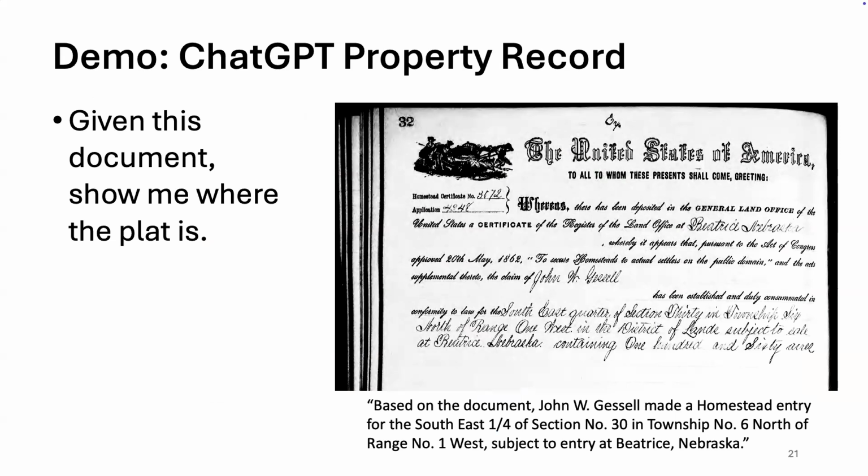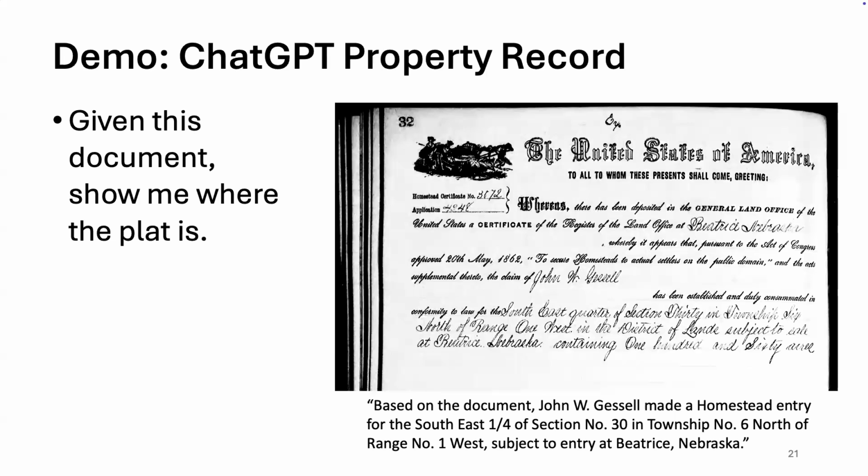This is a deed from my 3rd great grandfather that he was given, I believe, for his participation in the War of 1812, outside of Beatrice, Nebraska. And you can see here, this is an image, right? This is a JPEG image. And here it has the description of the land, the southeast quarter of section 3 in township 6 north, range 1 west, and so on.